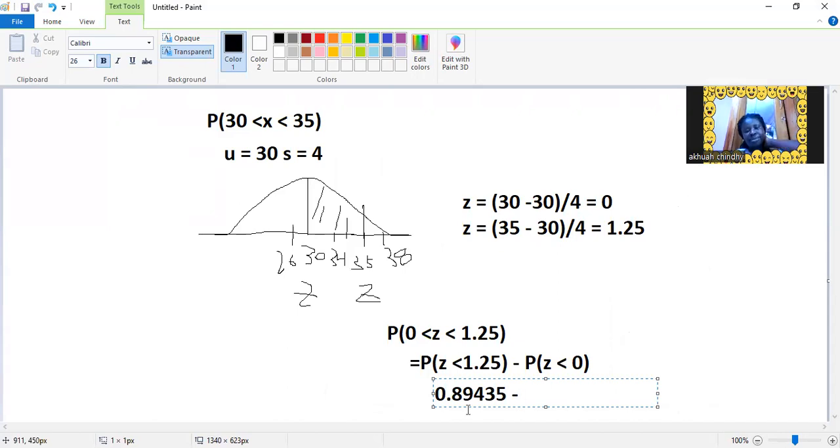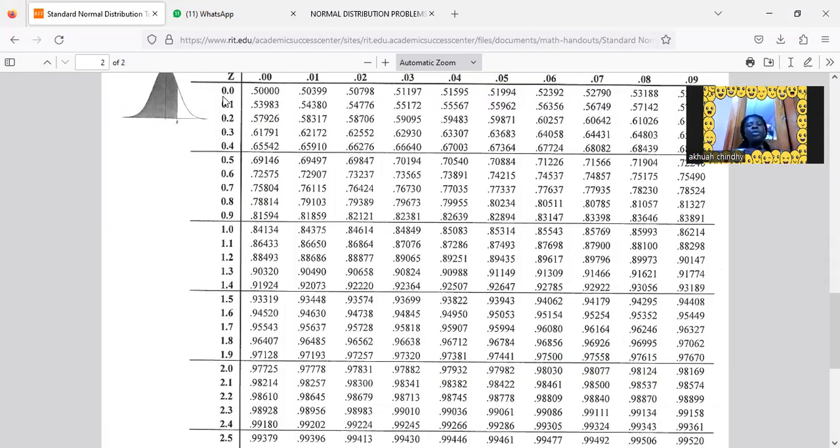Okay, so 0. We go to our table and look for 0. So 0.0, then its remainder is 0.00. So the figure is 0.50000. So we'll come here and write minus 0.50000.